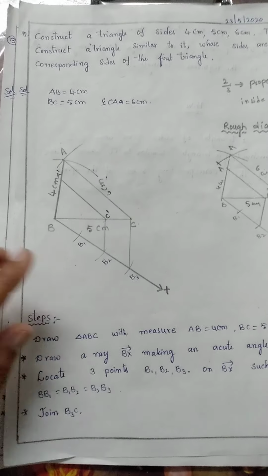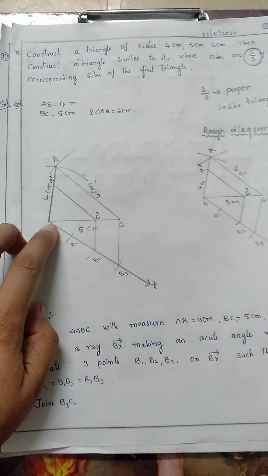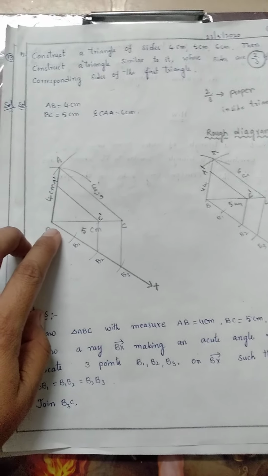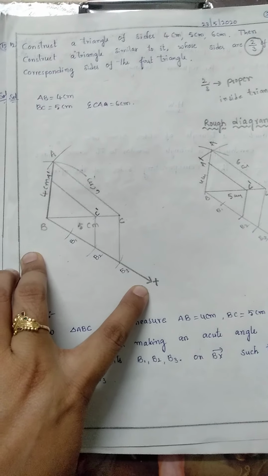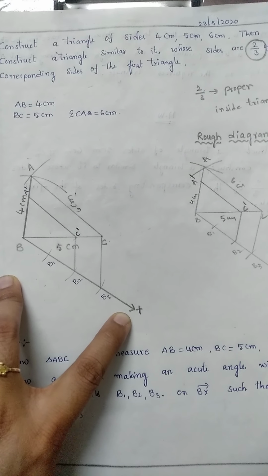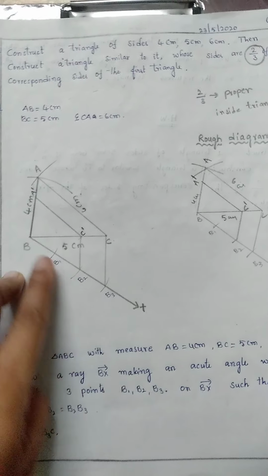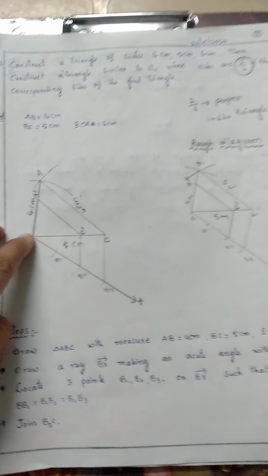Okay children, next you draw the acute angle. Now take the line segment BC, and with center B, draw the acute angle BX ray. So here observe the fraction, which is the greater number? 3. So the acute angle is divided into 3 parts.